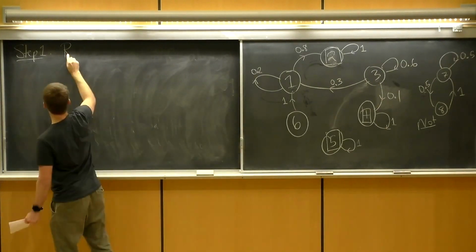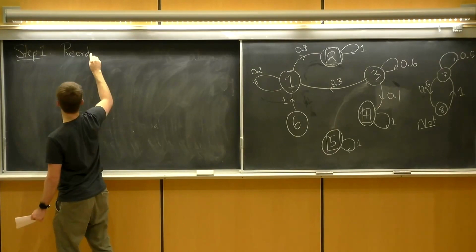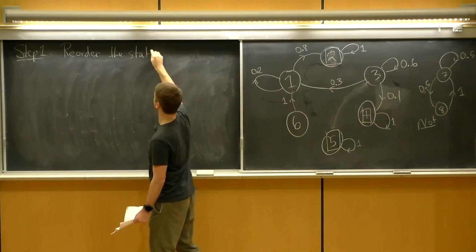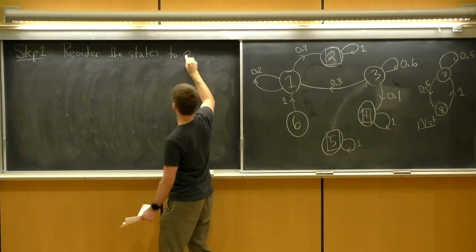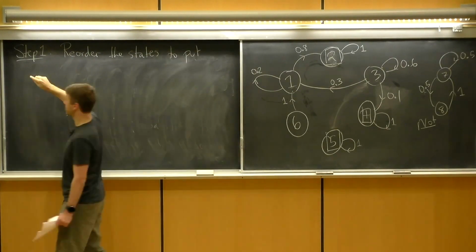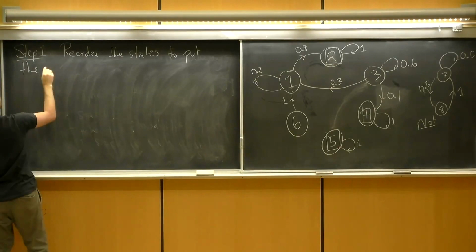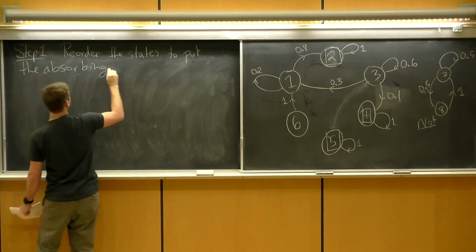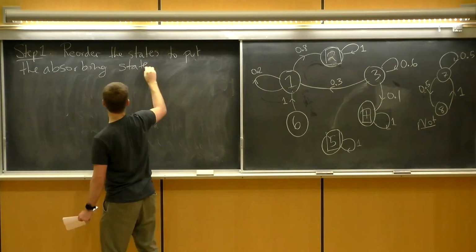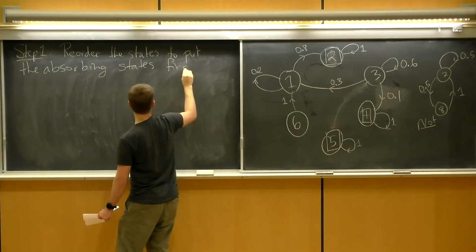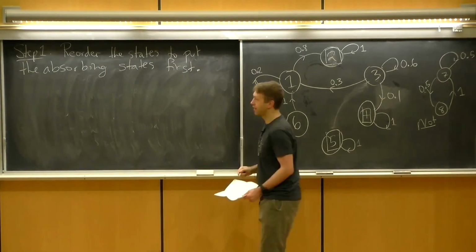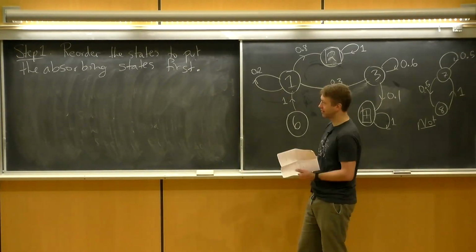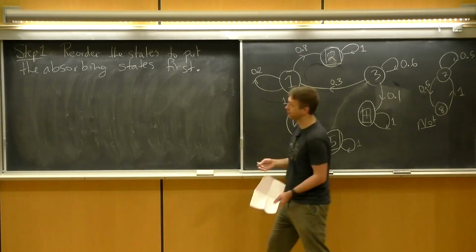I want to reorder the states to put the absorbing states first, and then rewrite the matrix under this new ordering.